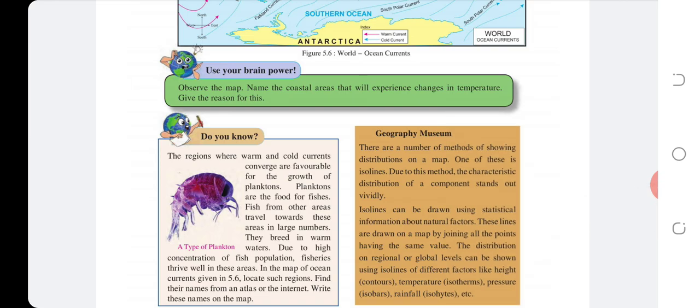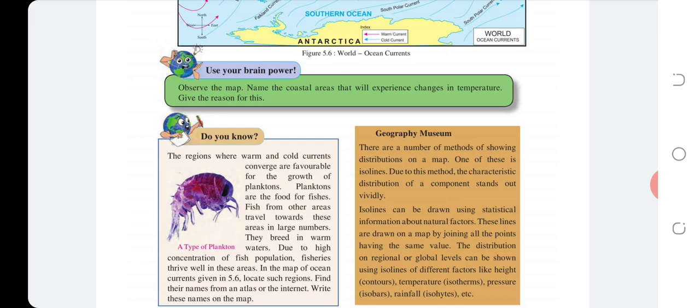There are a number of methods of showing distribution on a map. One of these is isolines. Due to this method, the characteristic distribution of components stands out vividly. Isolines can be drawn using statistical information about natural factors.